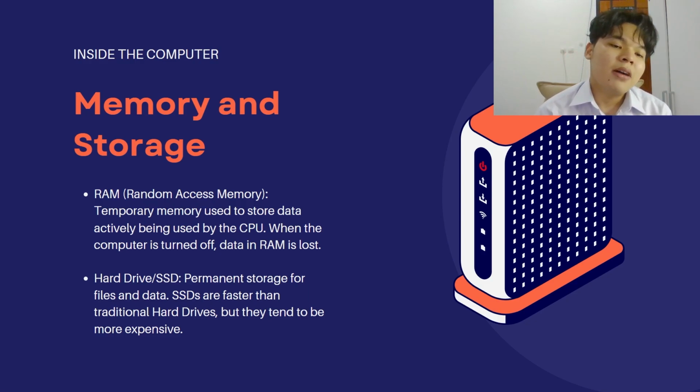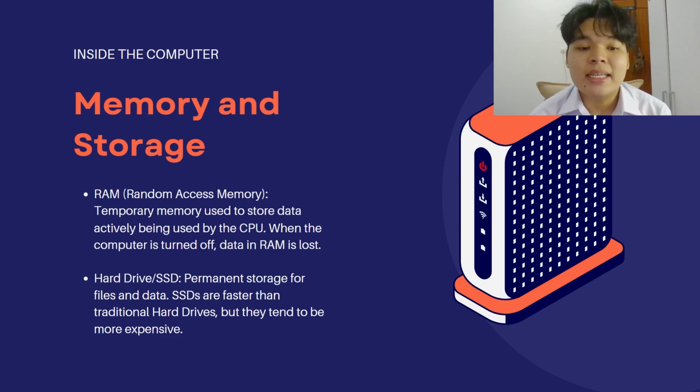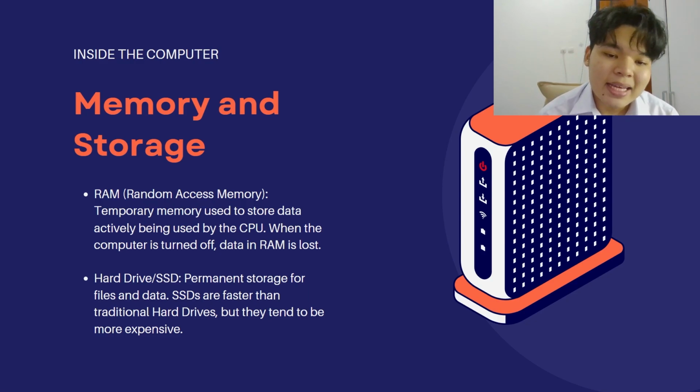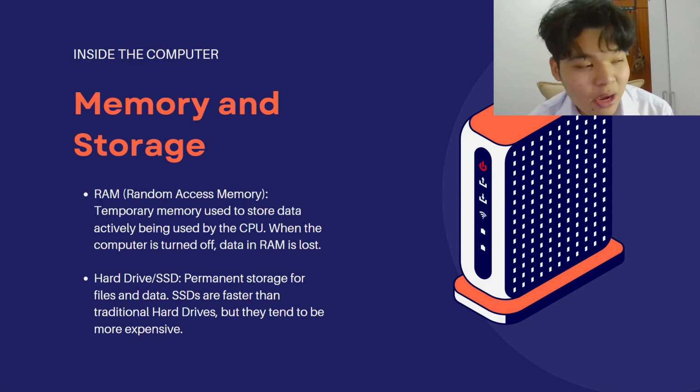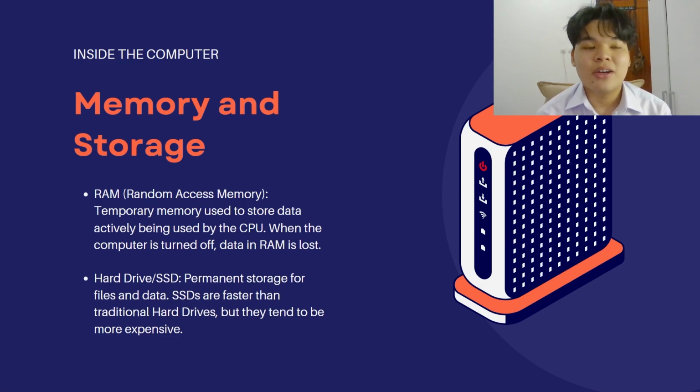And then we have hard drive or SSD, permanent storage for files and data. SSD are faster than traditional hard drive, but they tend to be more expensive. You have money, you have better storage data. The SSD is the new generation of hard drive, guys, but it depends on your pocket.